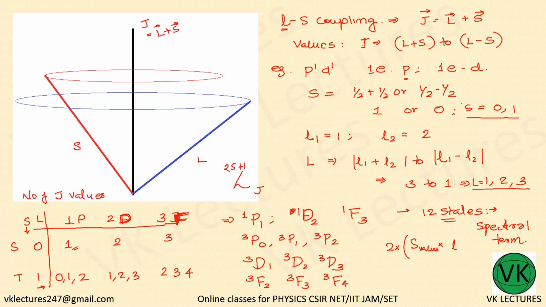Here there are 2 S values, into how many L values? There are 3 L values. So 2 into 3 into 2, that is equal to 12.